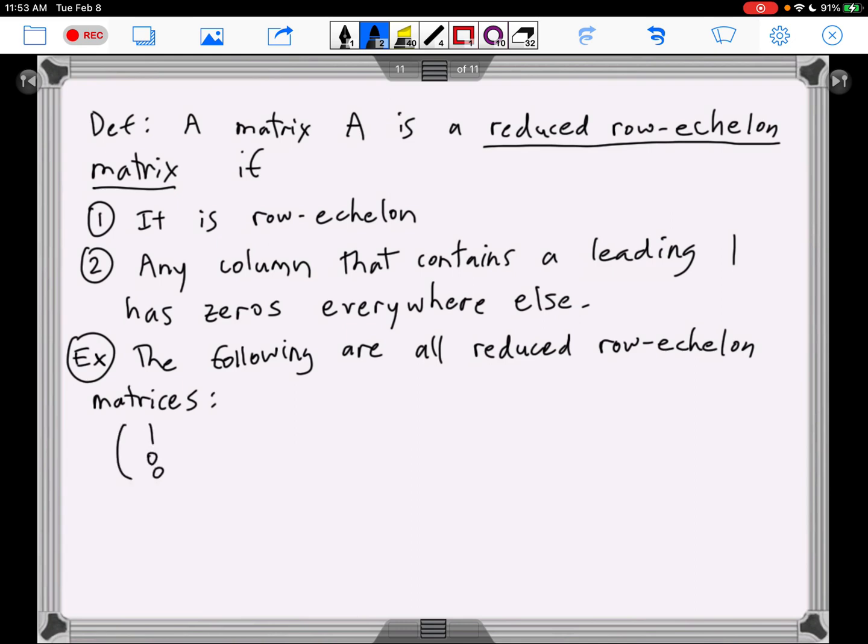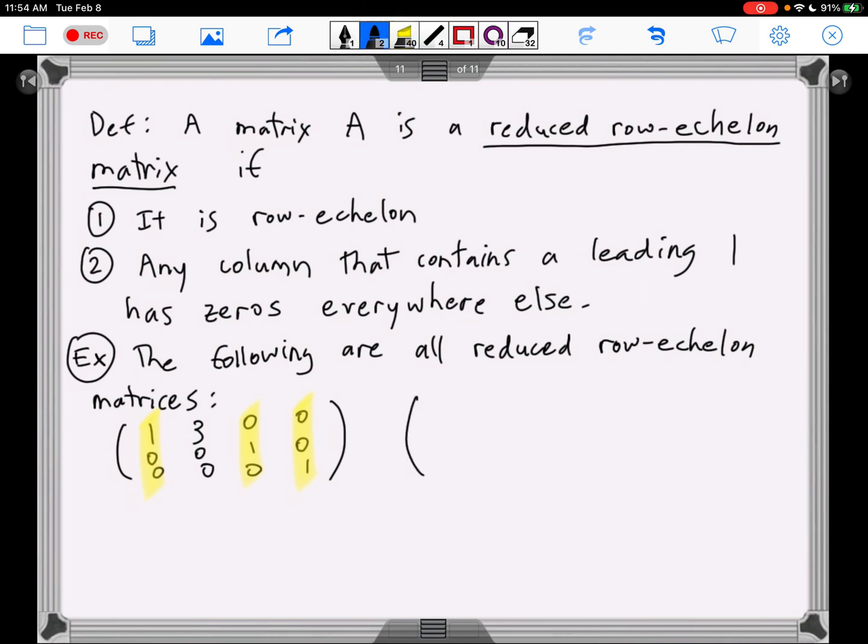So let's write down some examples. 1, 0, 0, 3, 0, 0, 0, 1, 0, 0, 0, 1. That's a reduced row echelon because every column with a leading 1 has zeros everywhere else. I'll highlight them. Look, right there, and right there. You notice wherever you have a leading 1, you have zeros everywhere else. Notice you don't need to have that for row echelon. You only needed zeros below the 1s. You didn't need it above before.